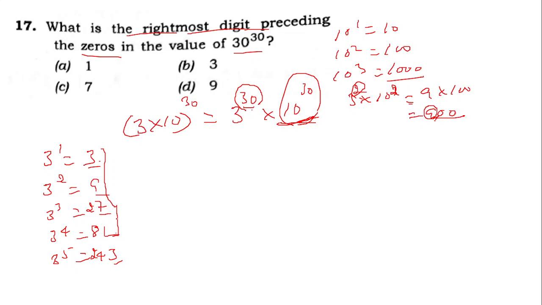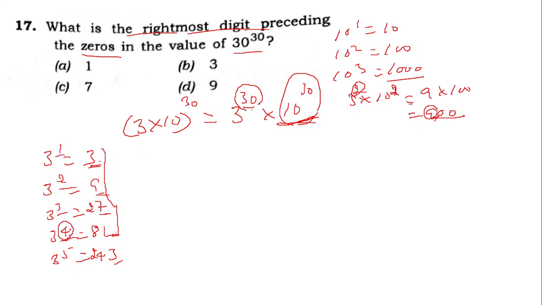So however large the power of 3, the unit digit is going to be either 3, 9, 7 or 1. Now if you look at the options, we have all of 3, 9, 7, 1. All the options are available. Fine. But how do I decide which? Now observe the power: 1, 2, 3, 4.